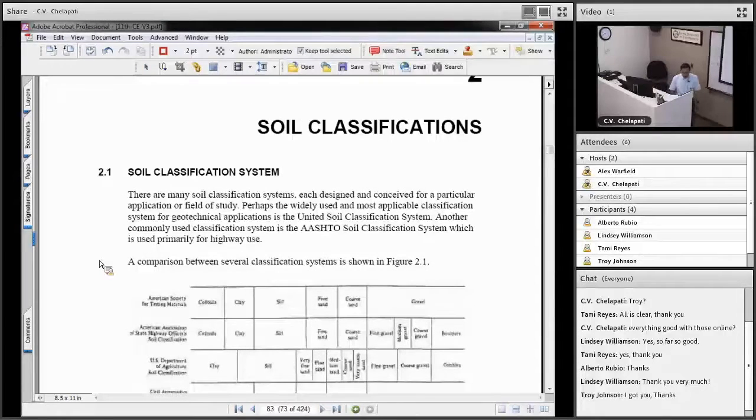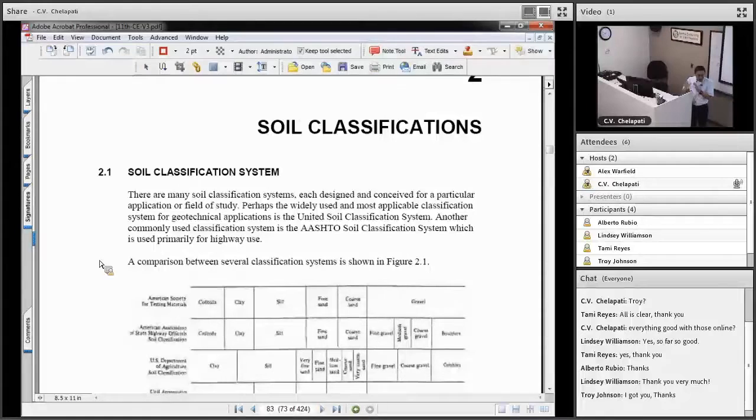We're going to talk about soil classifications. Basically, we have different types of soils, and so it's important to be able to classify the type of soils. Now, we're going to be making a distinction between soil and rock. On the exam, pretty much the emphasis is going to be on soil. And rock, well, we're going to leave that for the geologists.